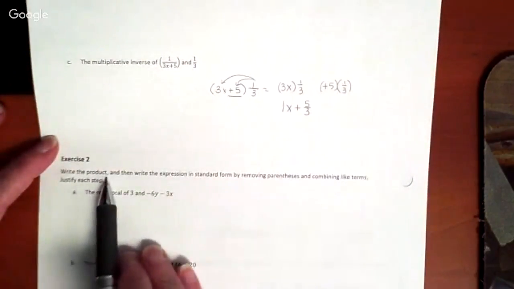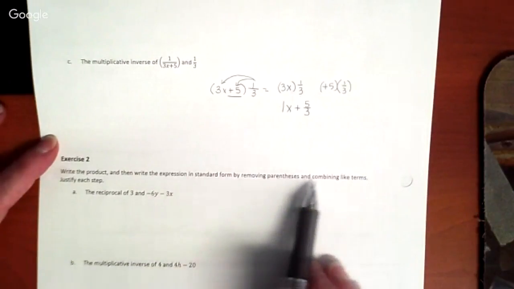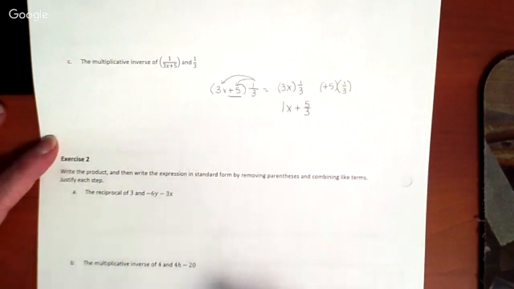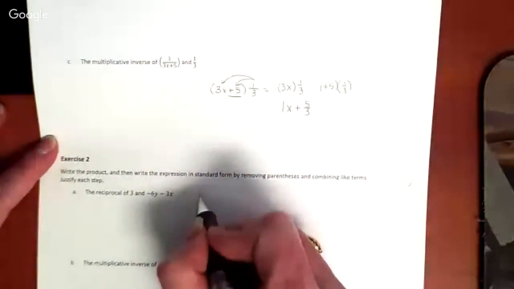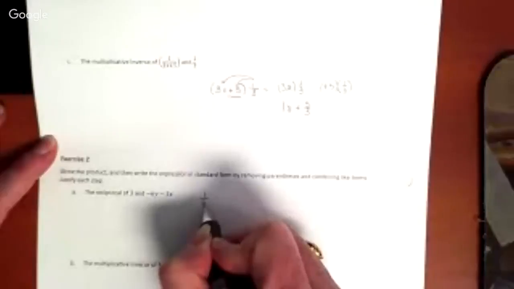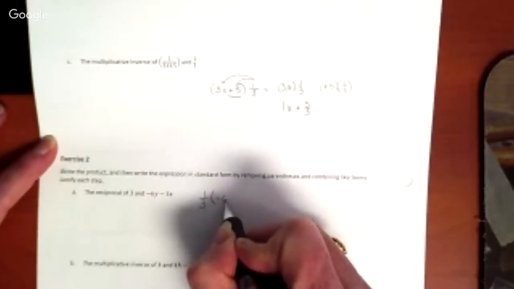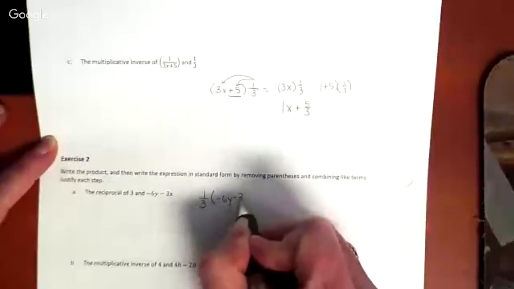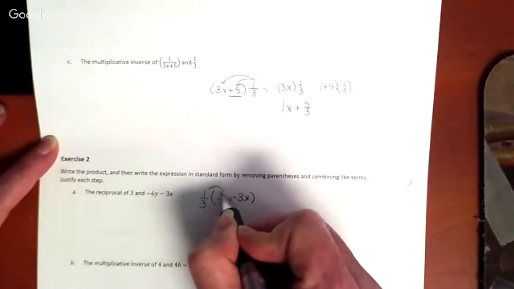Write the product, and then write the expression in standard form by removing the parentheses and combining like terms. The reciprocal of 3, we've talked about reciprocals before, and negative 6y minus 3x. So 1/3 times negative 6y.